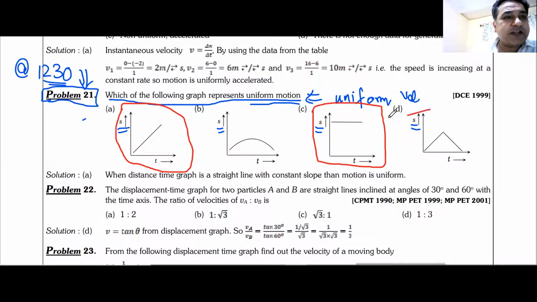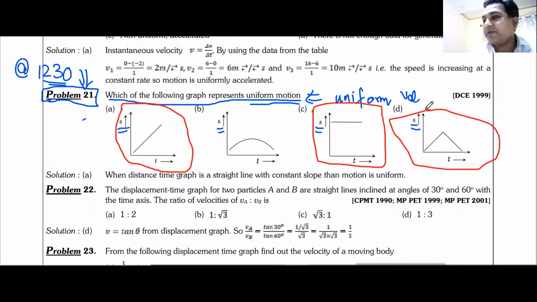What does graph number D represent? Anyone would like to tell me what graph number D represents? Who will tell me? Siddharth, Tanu, Vinay, Tarun, who will tell me? Do we understand what graph number D represents?